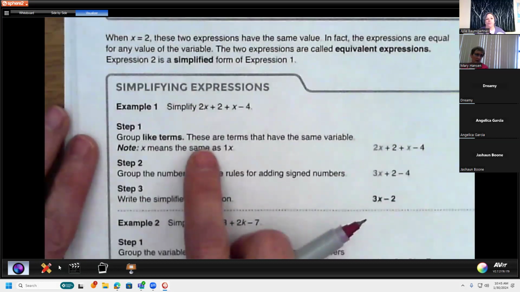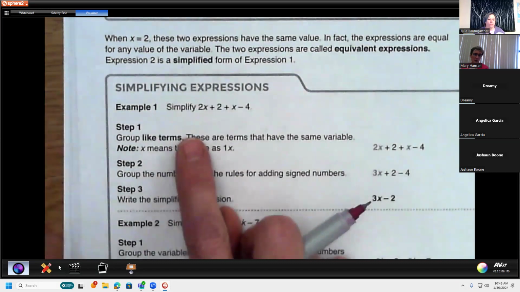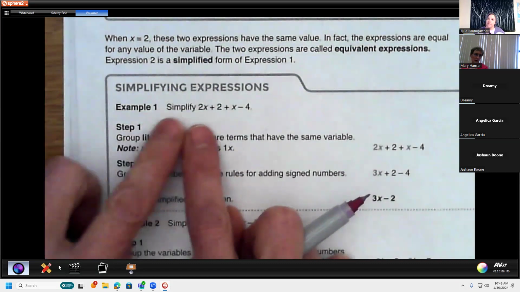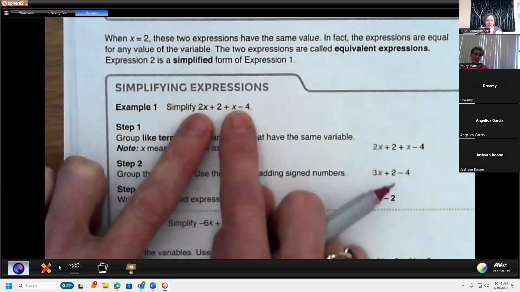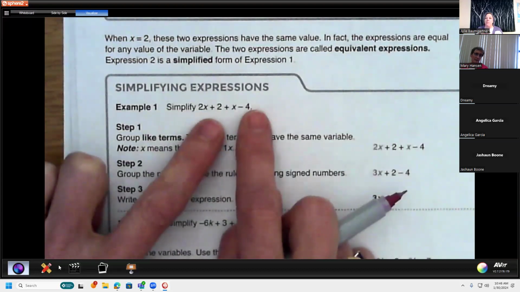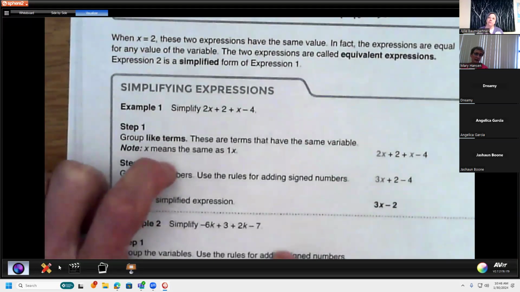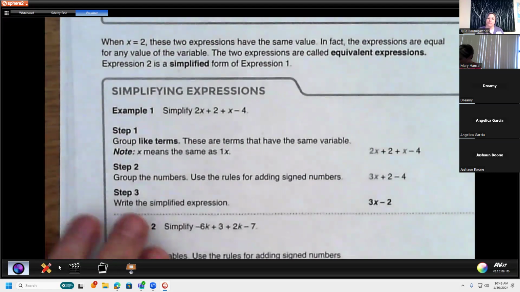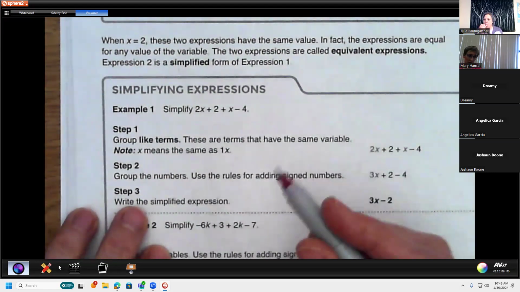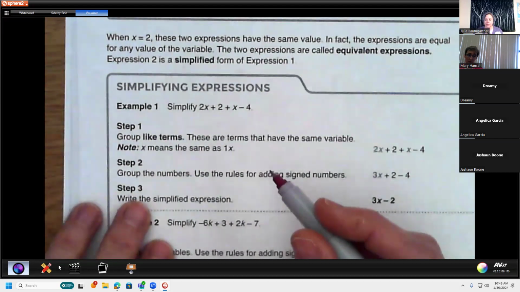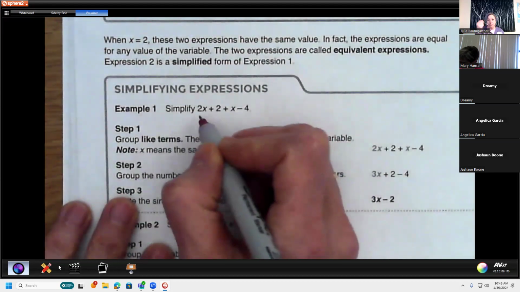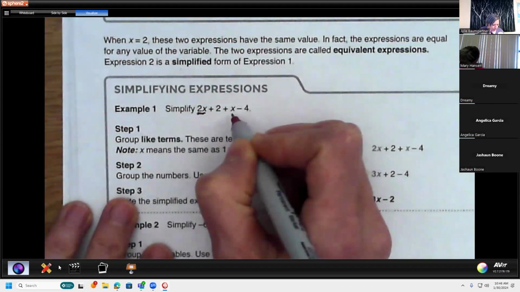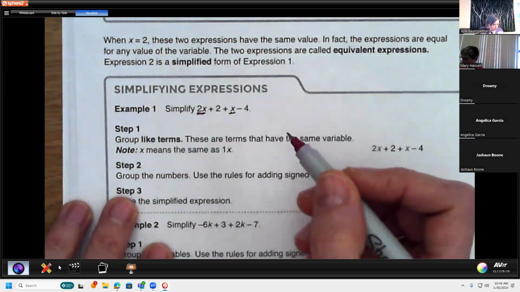And so if you see this example 1, this is another order where we've got things that are the same. We have 2x and x, that's like 2 cheeseburgers and another cheeseburger. And then we have numbers that we can always combine together. One thing that can be really helpful when you're working with these kinds of problems is to underline or circle things that are alike.